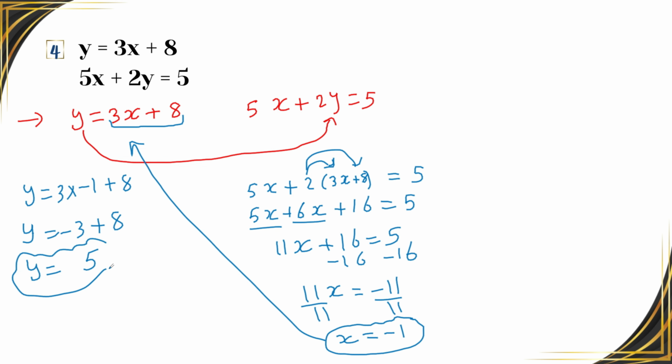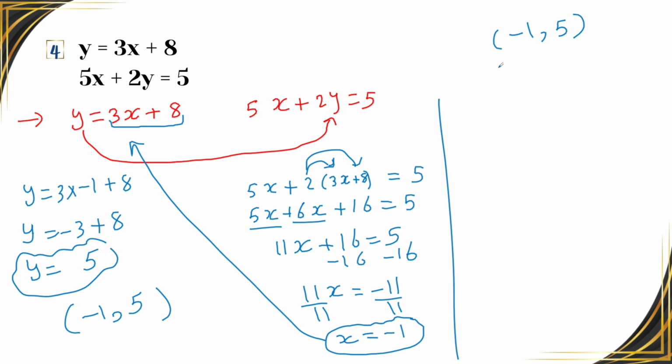Then the solution should be negative 1 and 5, but let's check by substituting in any one. Negative 1 and 5. Here y equals 3x plus 8. And you should also check the other one. I just do one, and you can do the other one by yourself. The y here is 5 and x is negative 1.